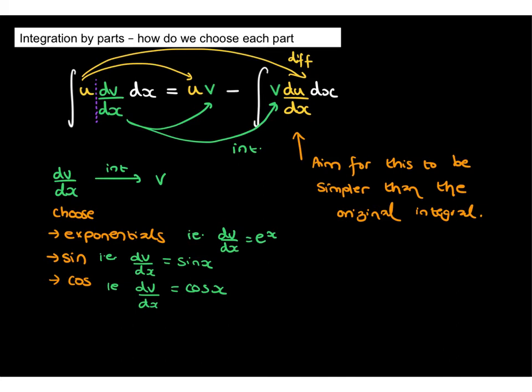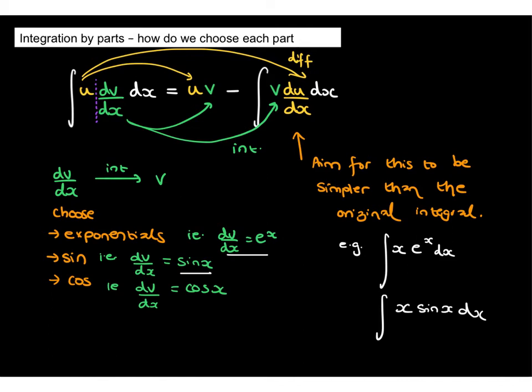So let's suppose you have an integral which is of the format x e to the x, then of course dv by dx will equal e to the x, same as if you have an integral of the format x sine x. Then again, your dv by dx will equal sine x.